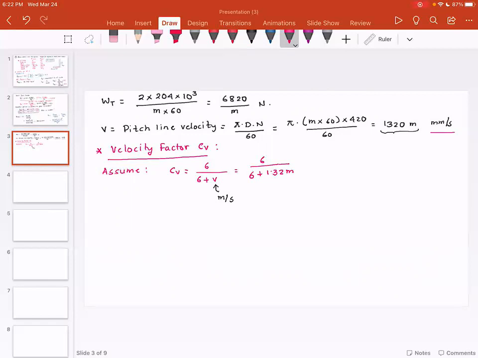Now, unlike helical gears or spur gears, in the case of bevel gears, the important thing is we need to find out the length of the pitch cone.